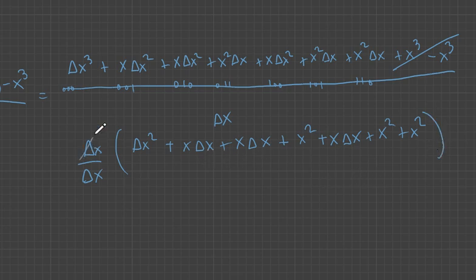And so anything divided by itself is 1. Anything with a delta x in it goes to 0, and you are left with 3x squared. So that is the derivative of x cubed.